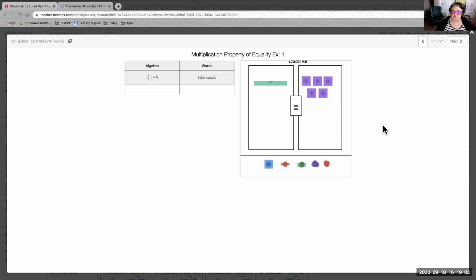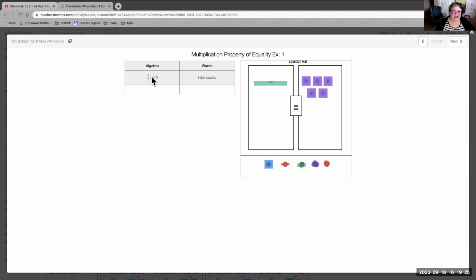So if I have half an x, but remember I want to solve this, I need one whole rectangle. That means I need one whole x. If I want one whole x, then what I need here are 2 of these. I need a half plus another half.